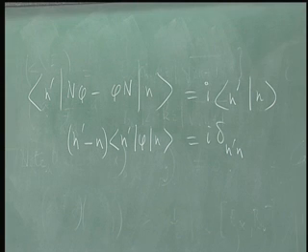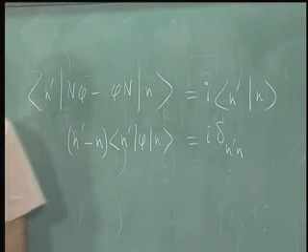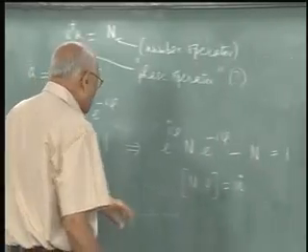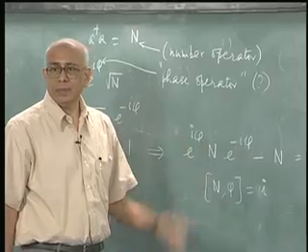If this commutation relation is true, then that statement is true. But what happens if n is equal to n prime? This is 0 and that is equal to I. So you immediately see this commutation relation is not sustainable in this Hilbert space spanned by these states n. So although it looked as if you had no difficulty in writing a phase operator in this fashion, really this is not sustainable.